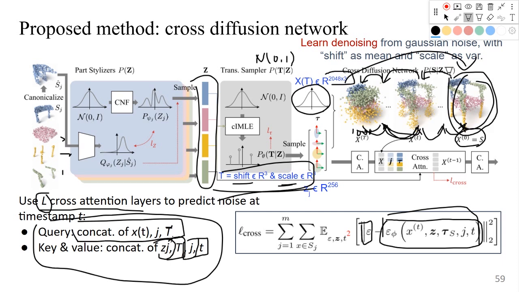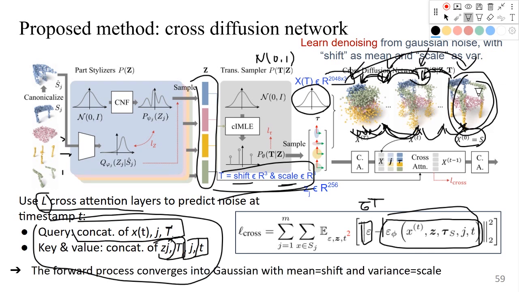When we apply the forward noise in the diffusion, we know this ground truth noise, because we add little by little noise in the forward process. So we try to estimate this noise, and later we can recover from this noise into the original shape here.